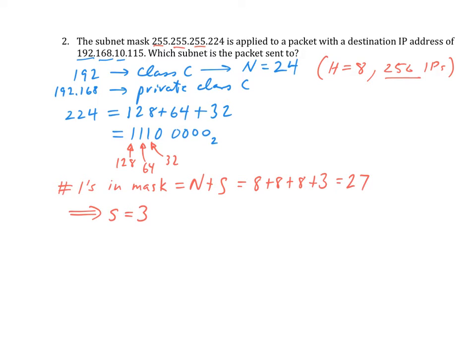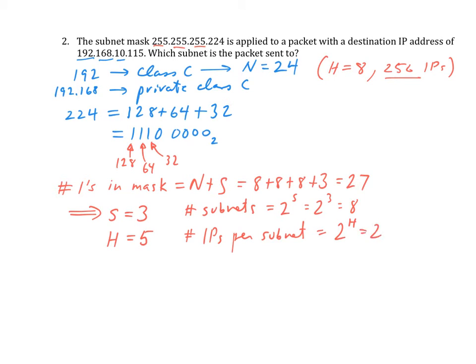And so, therefore, H is now, with subnetting, 5, and the number of subnets is 2 to the s, 2 cubed, or 8, and the number of IPs per subnet is 2 to the h, which is 2 to the 5th, which is 32.